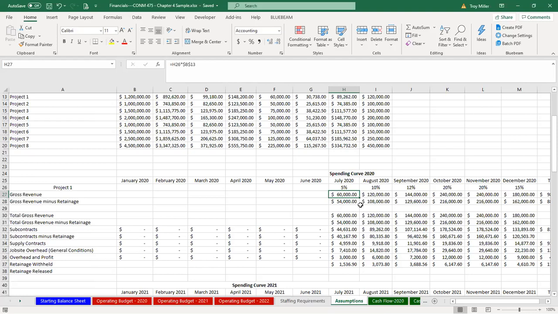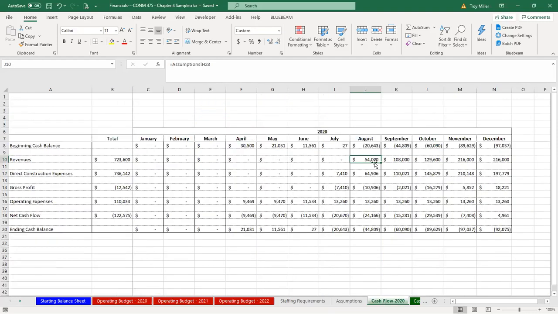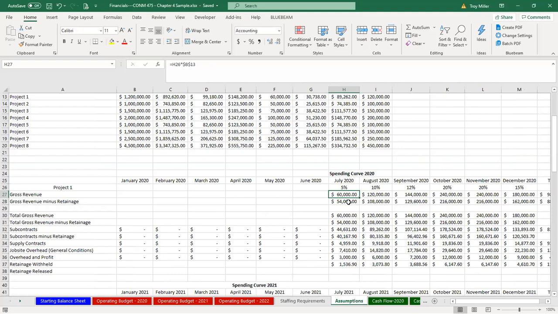So when I'm saying the next month that I'm getting a revenue of $54,000, what I've done here is I've backed out my retainage, because in my cash flow, if I'm not really getting the money from the owner because they're retaining it until the end of the project, which happens often, then I'm going to have to finance that 10% somewhere.